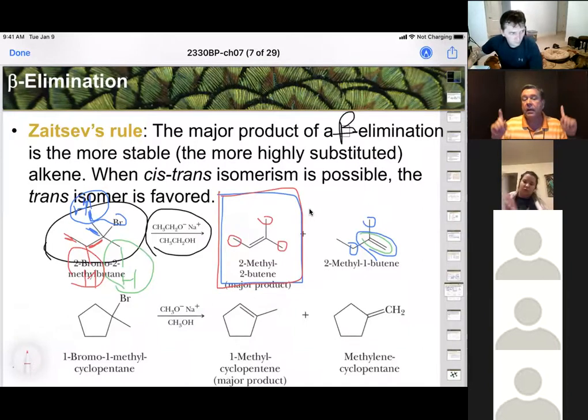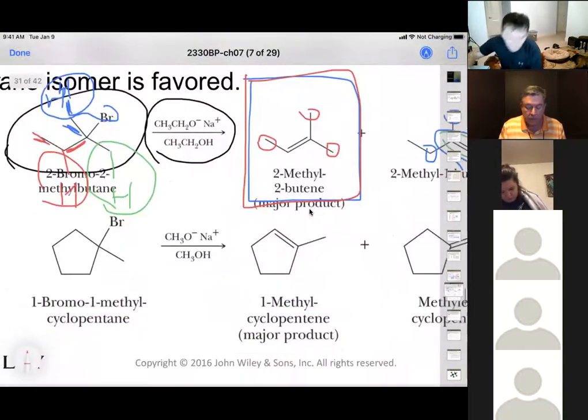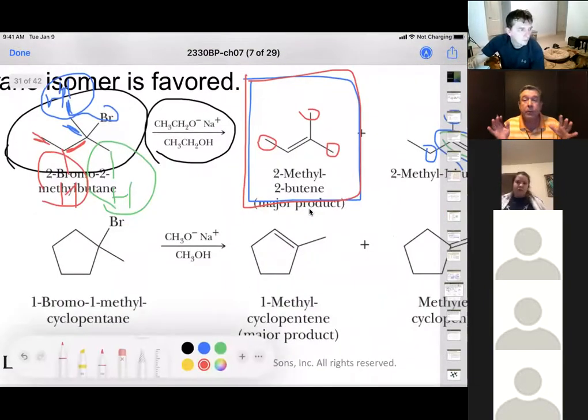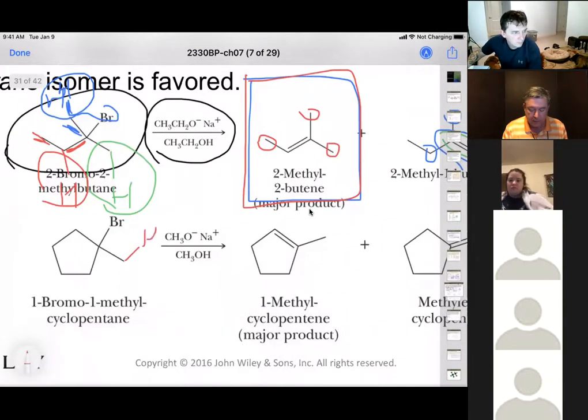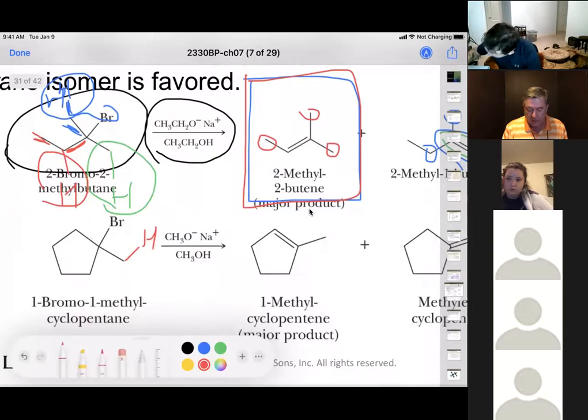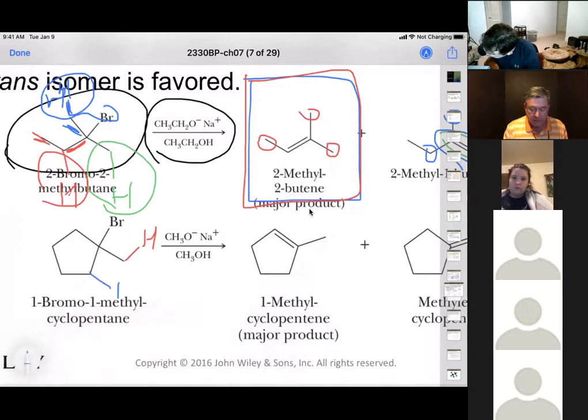Okay, so let's apply that again to the next compound here. The first thing we have to do is remember those beta hydrogens. We have one beta hydrogen here, a beta hydrogen here, and a beta hydrogen here. Because they're symmetrical right here, I'm calling these 2 beta hydrogens exactly the same.